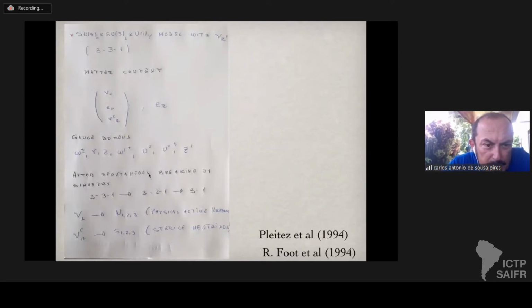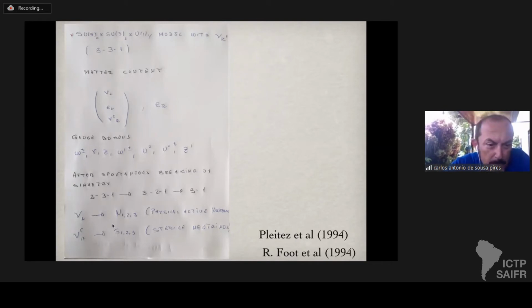And after the spontaneous breaking of the symmetry to the electromagnetic one, the active neutrinos mix among themselves, and I will refer to the physical active neutrinos as N1, N2, and N3. And the right-hand neutrinos may mix too, but it's not necessary.